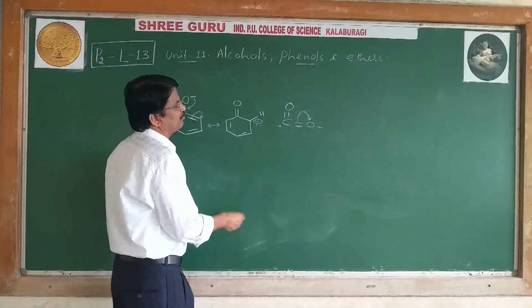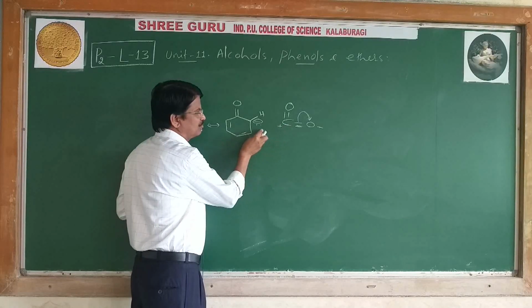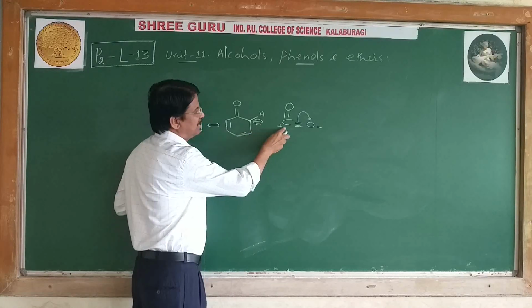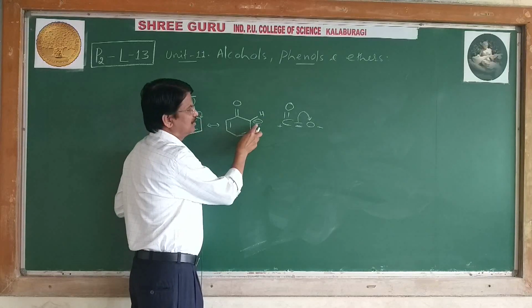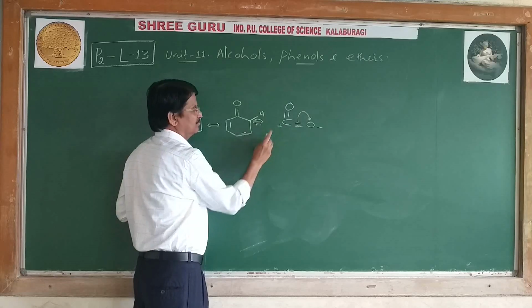Next, the electron pair here. This C plus adds to the ortho position, and plus and minus cancel, but because of this lone pair there is formation of a bond like this.